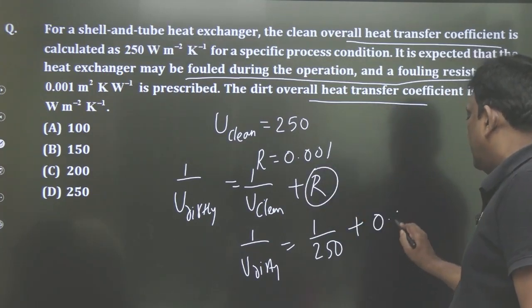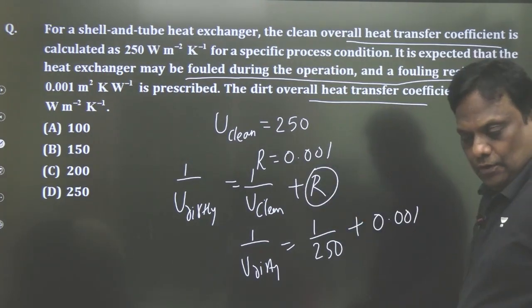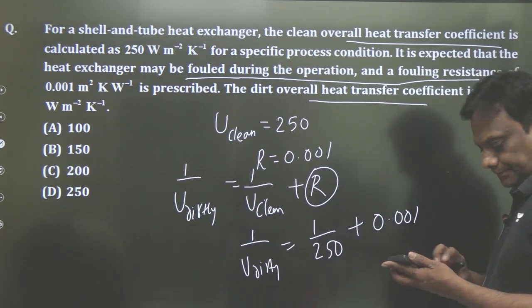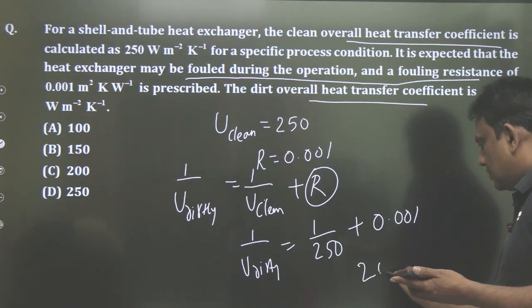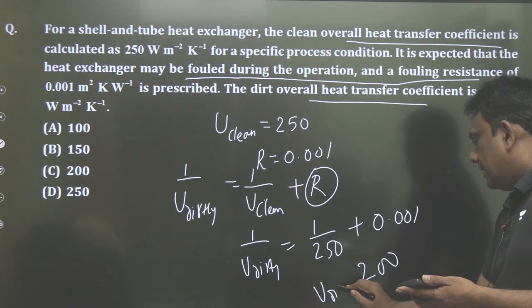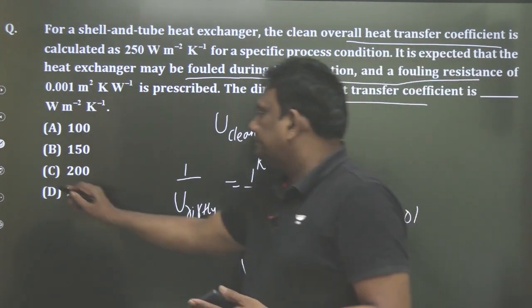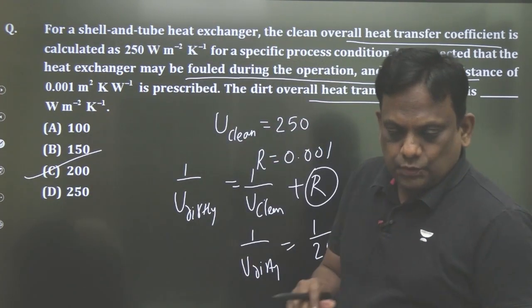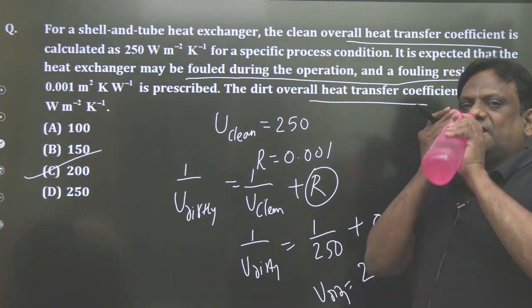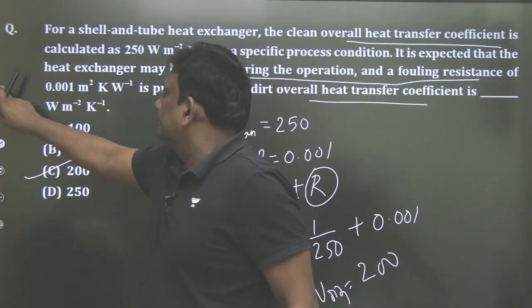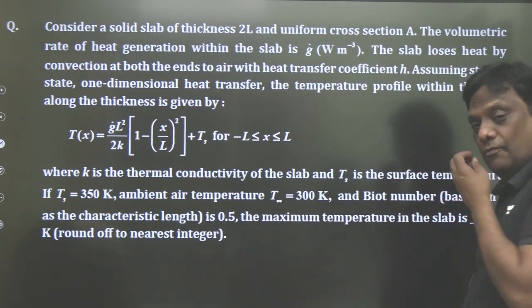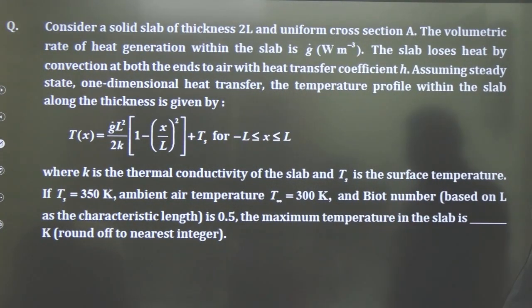It is given as 0.001. And therefore, if you calculate, you are getting the dirty heat transfer coefficient as 200. This is a simple question, but an expected question. Very good question. Please read the question.